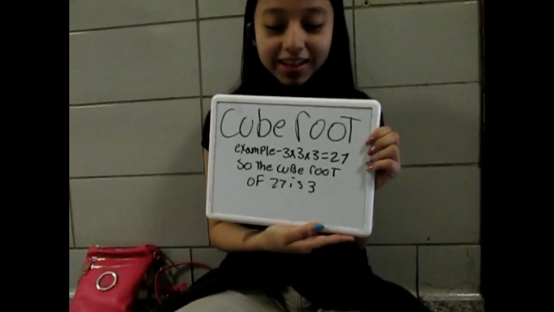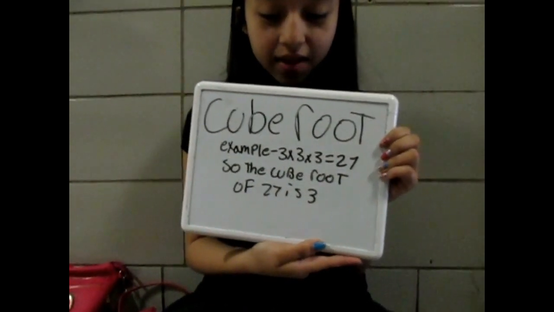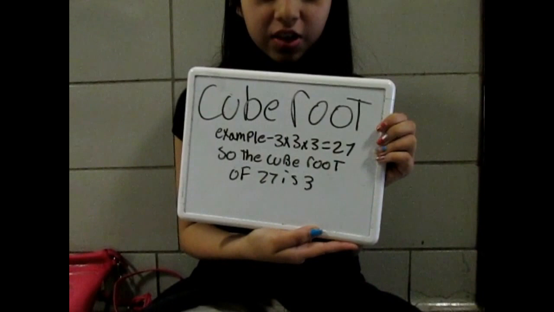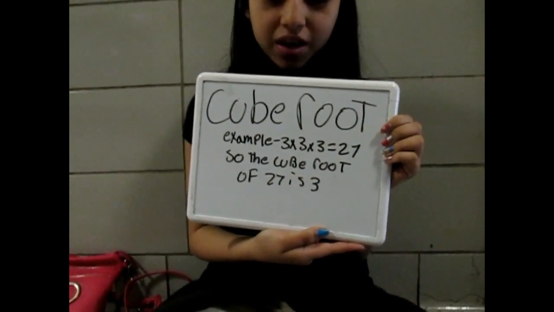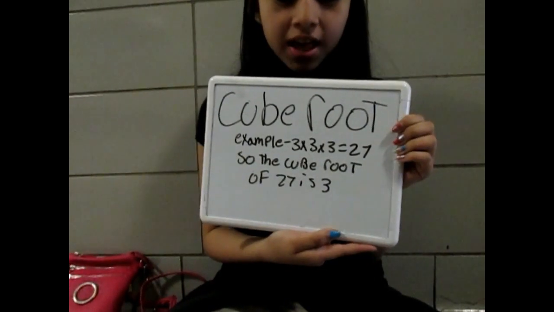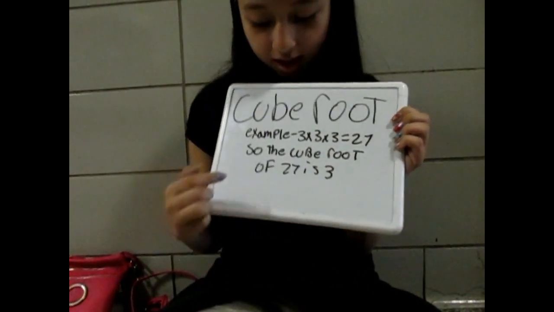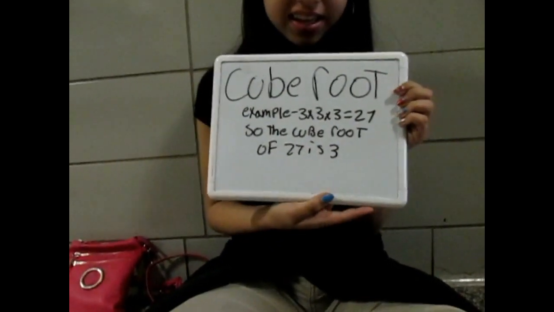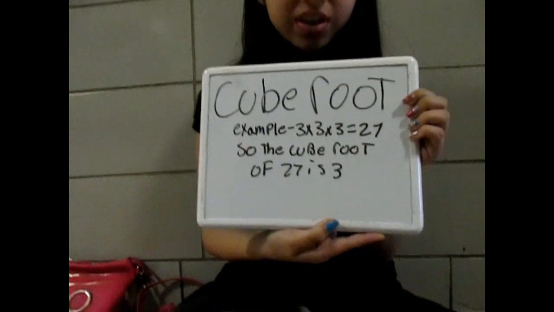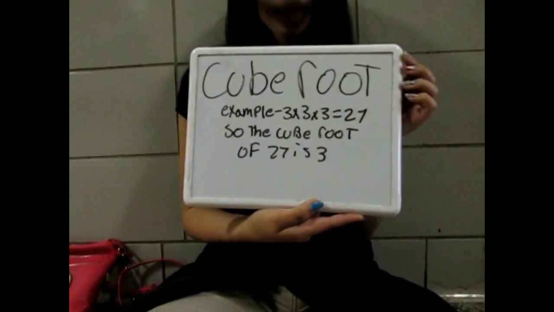Cube root: the number that produces a given number when cubed. The cube root of a number is a special value that when used in multiplication 3 times gives the number. Example, 3 times 3 times 3 is 27, so the cube root of 27 is 3.